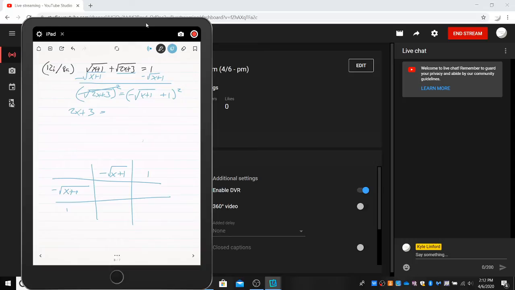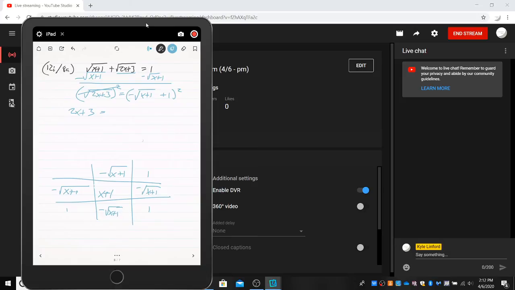All right, let's take a look at the first box right here. Negative times negative is a positive, and then the square root of x plus 1 times the square root of x plus 1 is just x plus 1. And then in the bottom corner here, we have 1 times 1, which is just 1. Now in the other corner boxes, we're going to have negative root x plus 1 and negative root x plus 1.